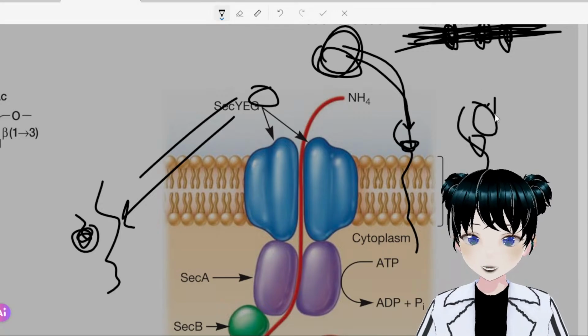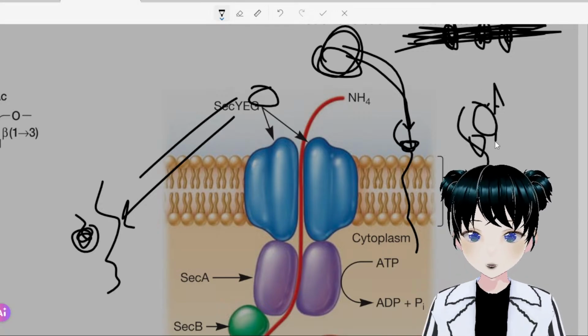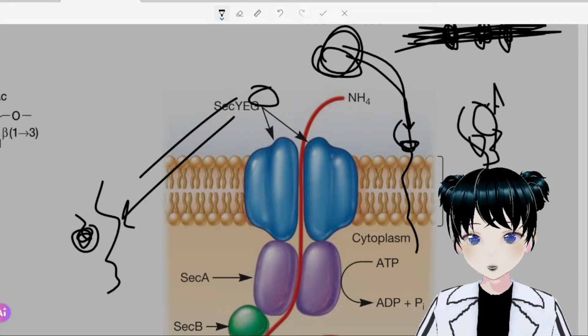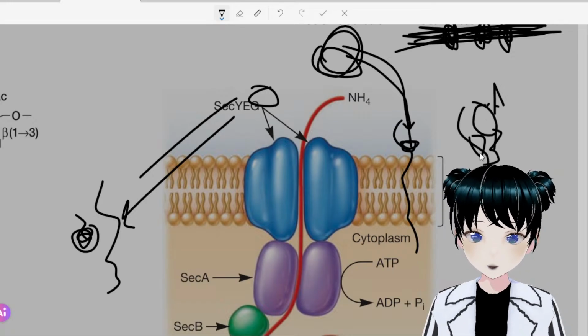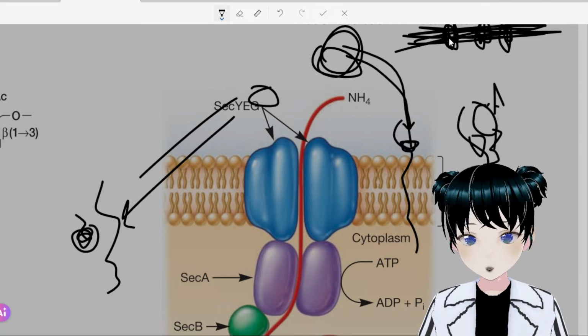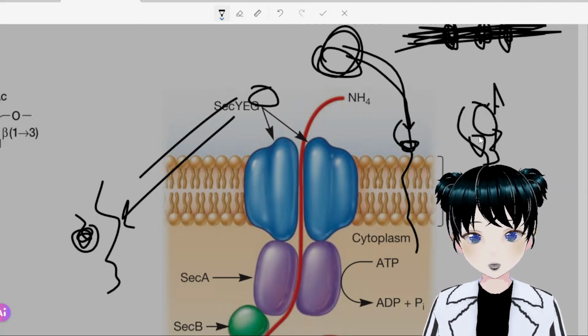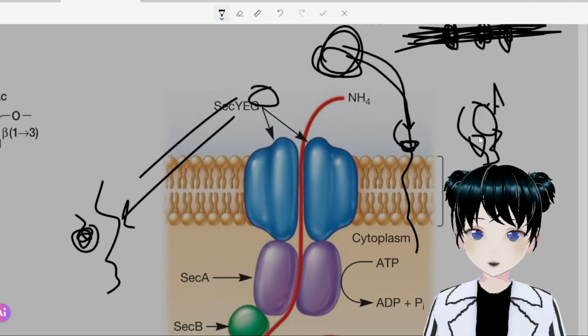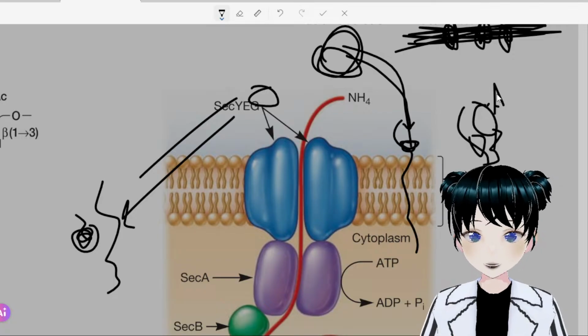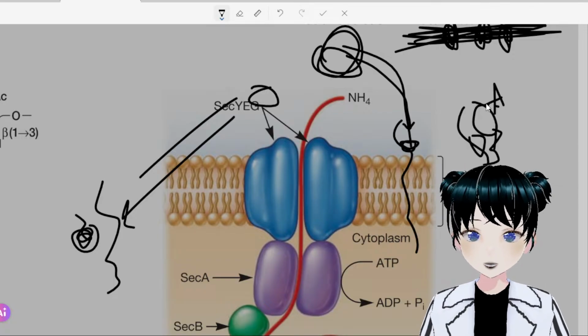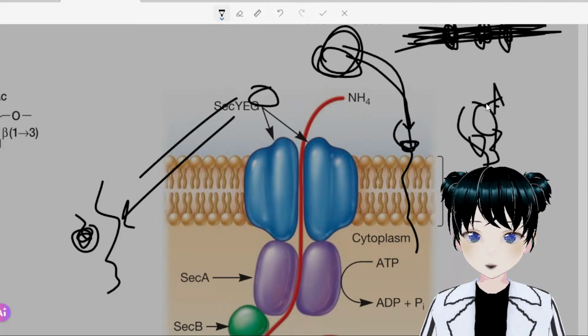Now that Sec-A binds to this Sec-B and our pre-protein, it will want to transport it to the channels, because what's the point in lying in the cell when the machinery is already ready, and Sec-A has the machinery to produce energy and carry it, because it is a transporter protein.